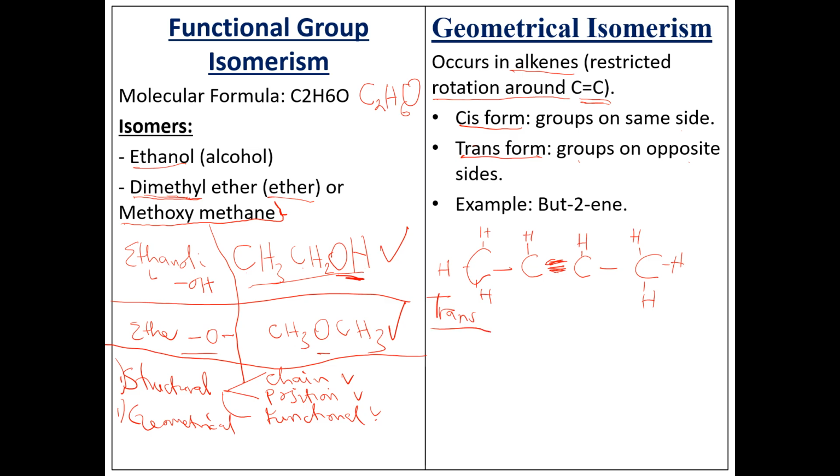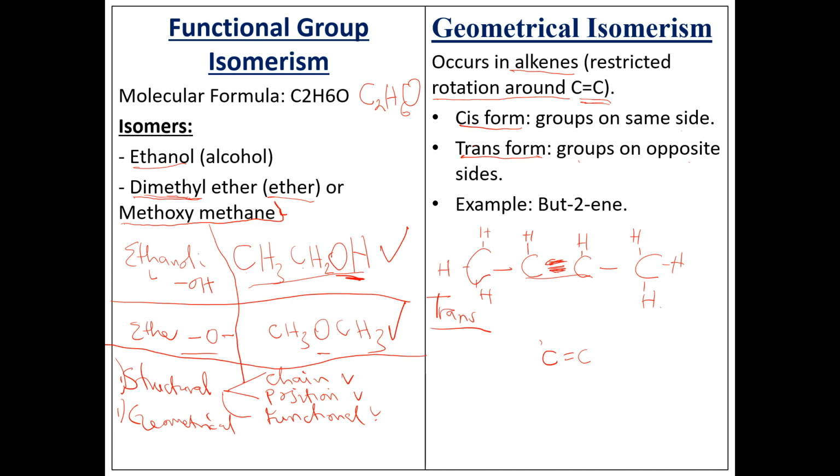So in trans, we have seen that the groups are on opposite sides. Which groups are we seeing? Our functional group is here, C double bond C. So we have the groups attached to this carbon atom and this carbon atom. The groups attached to this carbon atom are a hydrogen and a methyl.